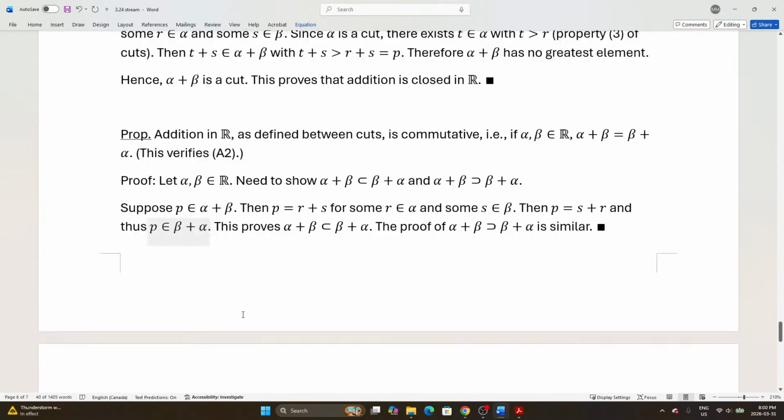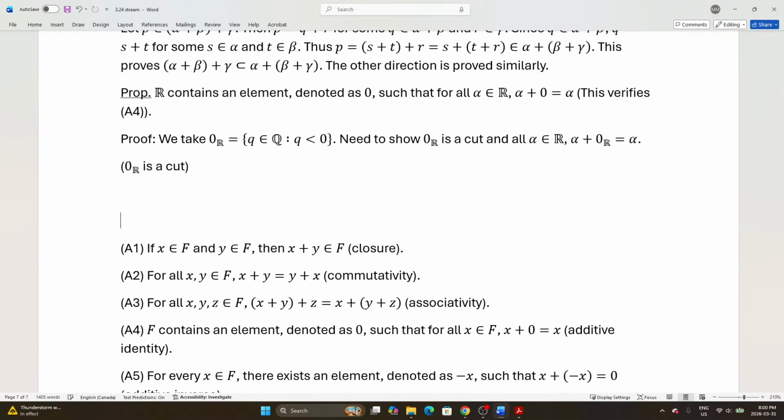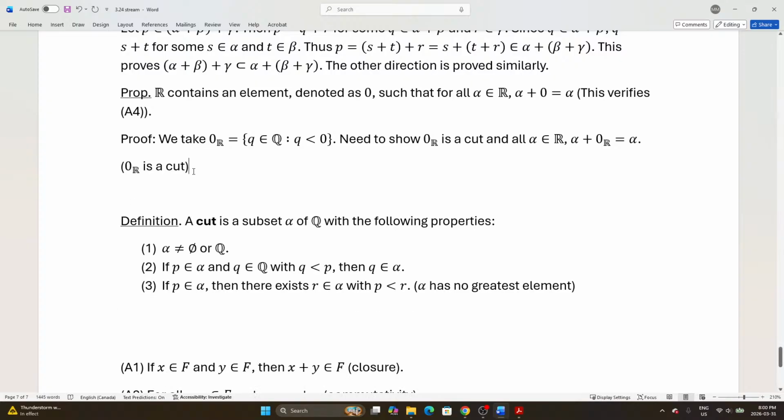So that's what we're trying to do. 0R is clearly not equal to the empty set, since -1 is in 0R.